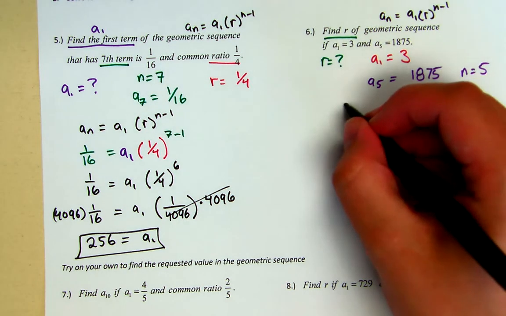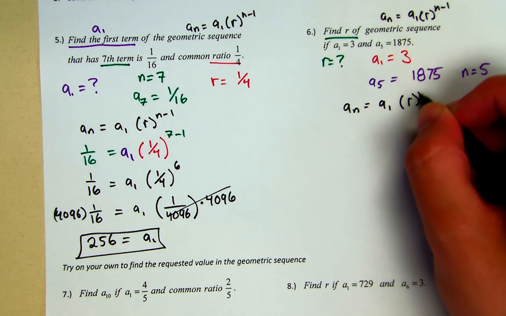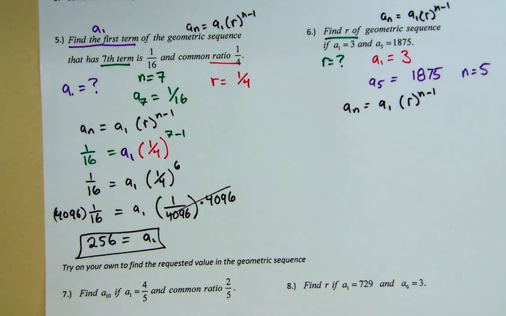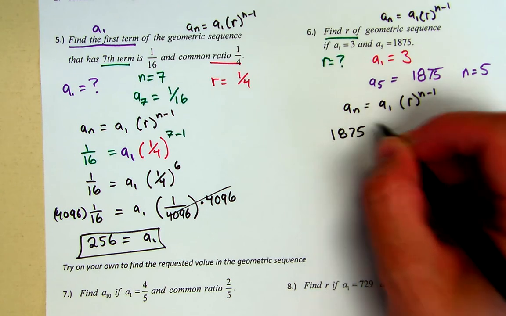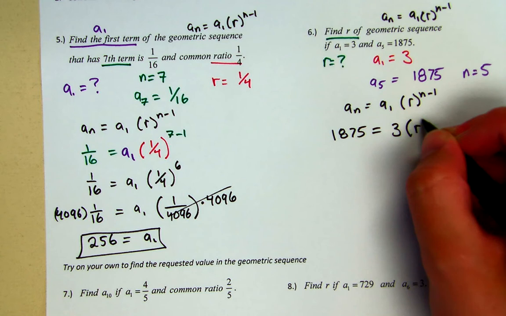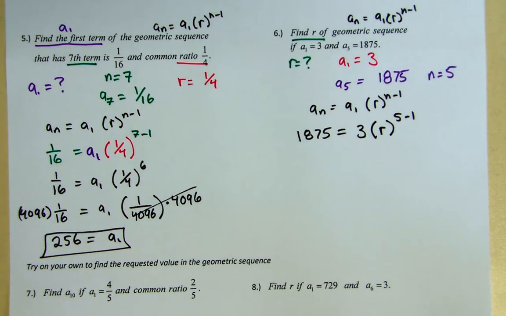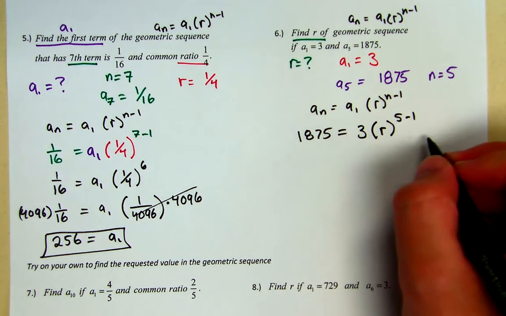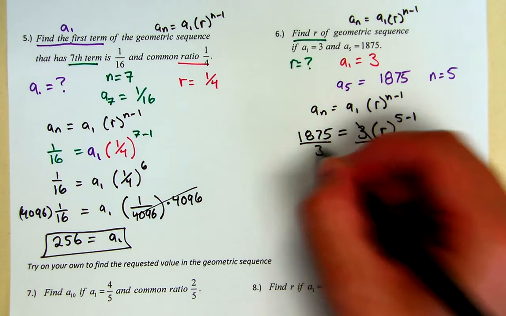So take our general formula, an equals a1 r to the n minus 1, and fill in what we know. an is 1875, a1 is 3, r we don't know, n is 5, so fill it in. Now I can divide by 3 to get rid of the 3.